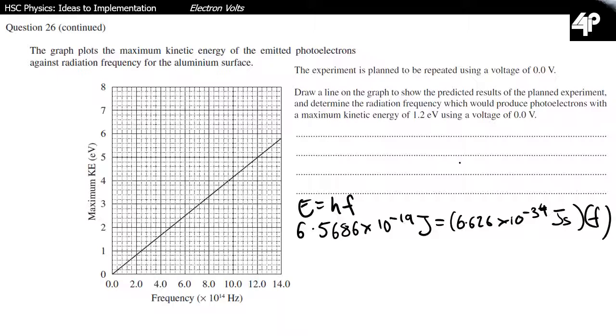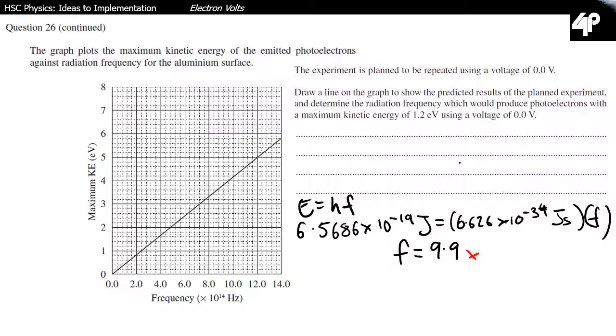If I then solve for the frequency f, I get this value of 9.9 times 10 to the 14 hertz.